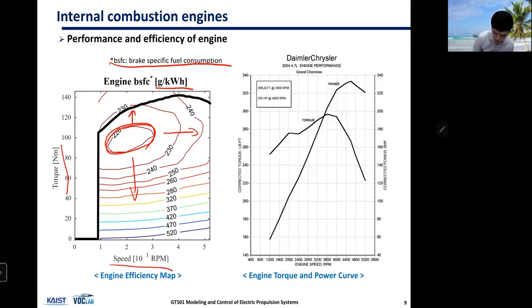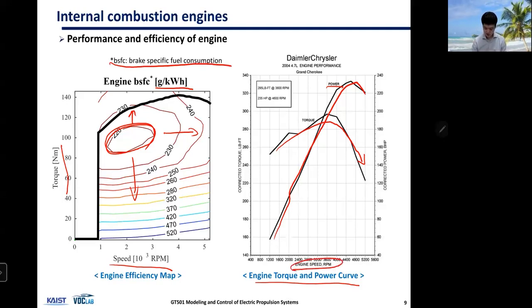And if you look at the torque and power curve, you can see that the torque initially increases, but then beyond some point it decreases back. And if you draw a power line, you have an increasing trend. And that's because power is torque times speed, and speed is the x-axis.